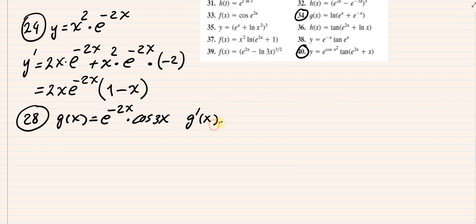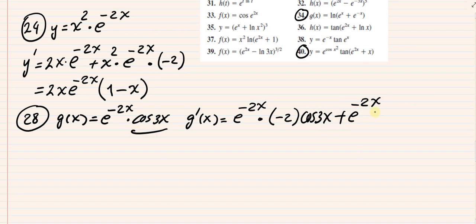Therefore, g prime is going to be the derivative of e to negative 2x, which is itself times negative 2 by the chain rule, times cosine 3x, plus the first function times the derivative of cosine, which is negative sine 3x times 3, again its own chain rule, and that's what g prime of x is.